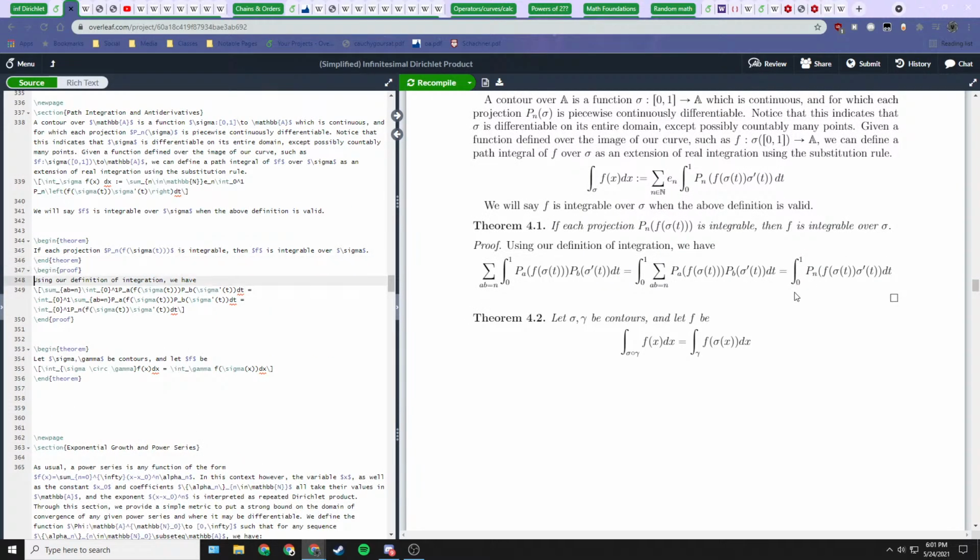So we'll say, since each piece of n, let me actually just copy that.